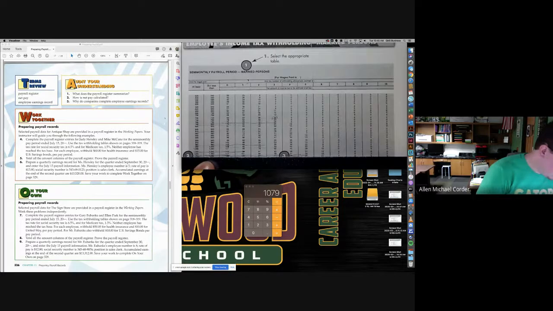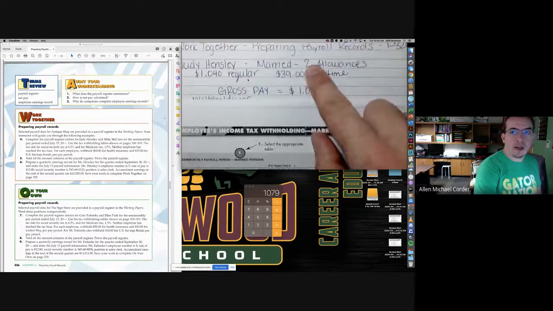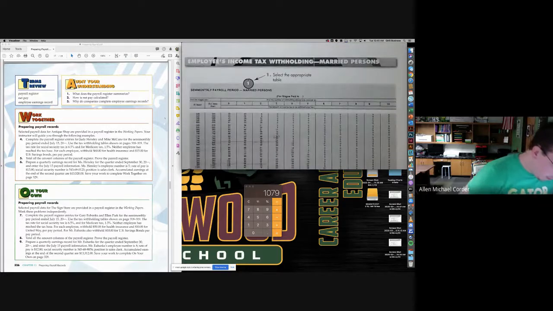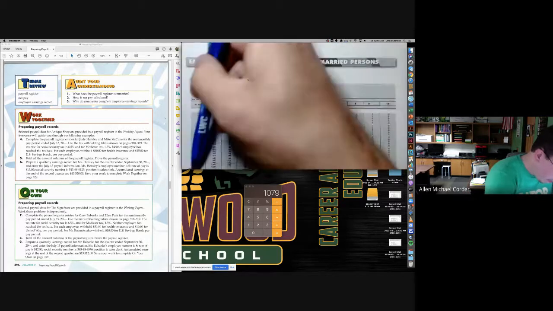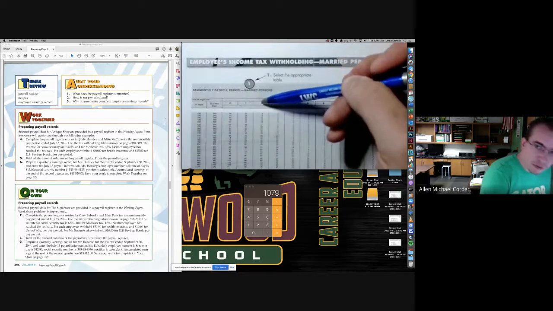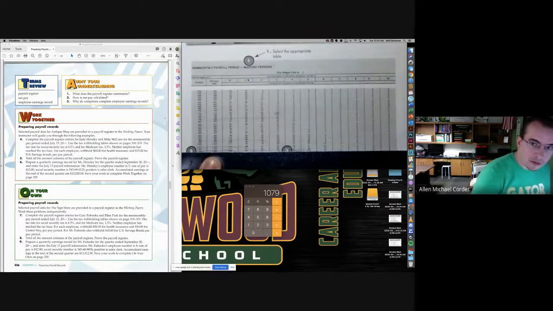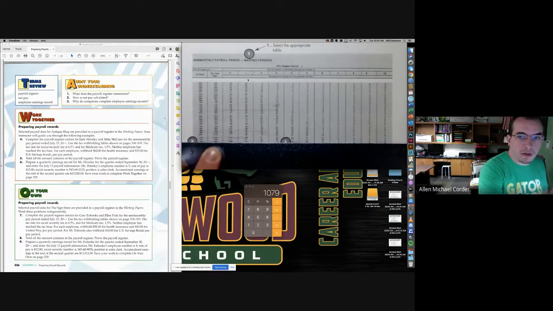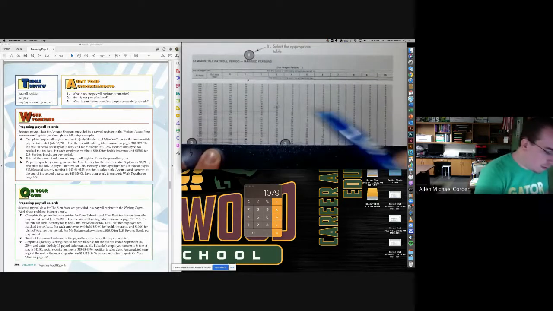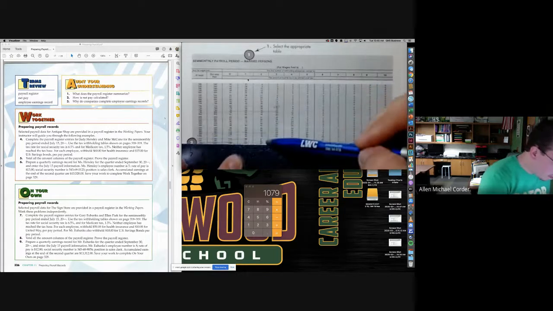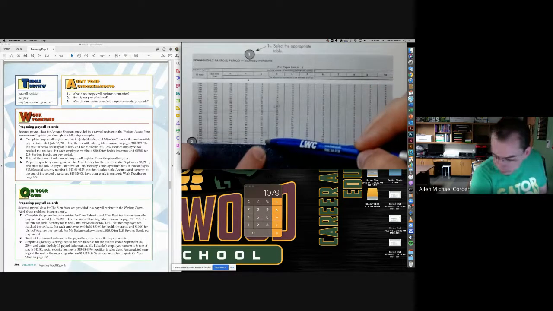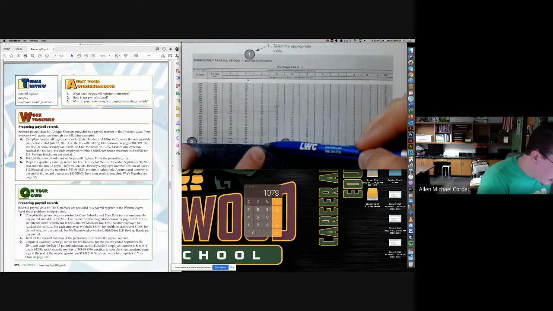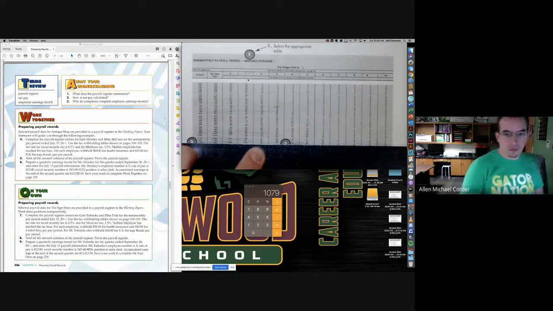She has 2 allowances. So if we follow this along here, and this column for 2 down to where Judy is. I thought maybe that would clear up a little bit, but it's not going to. Across and down. Her federal withholdings are $87. You just take my word for it.